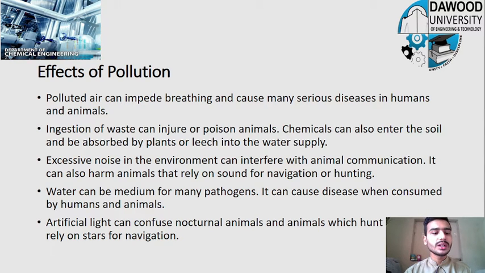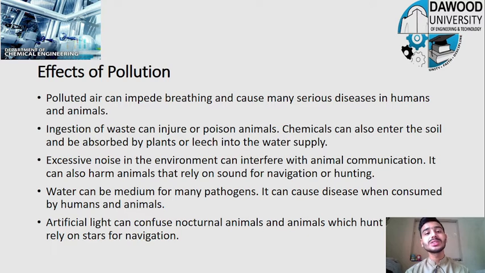Now come to the third one, which is noise. Excessive noise in the environment can interfere with animal communication, especially those animals which rely on sound to navigate or hunt their prey. The fourth one is water pollution. The effect of water pollution is that water can be the medium of many pathogens and bacteria.